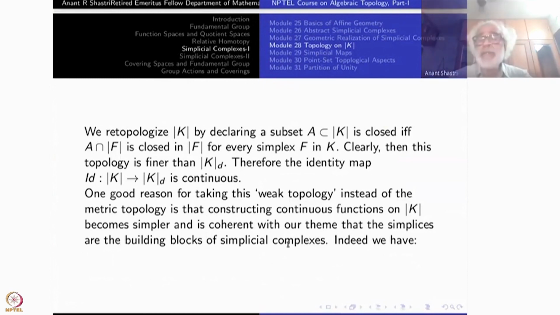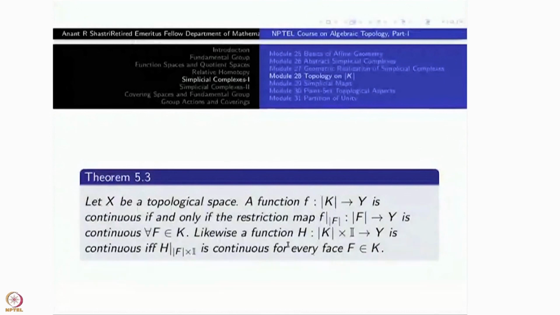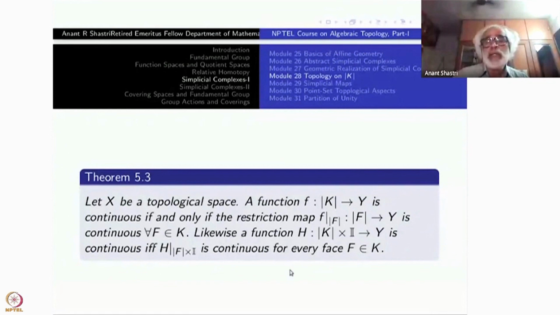I will restate it as a theorem. Take any topological space Y. A function from mod K to Y is continuous if and only if the restriction map of F to mod F to Y is continuous for every F. What is F?